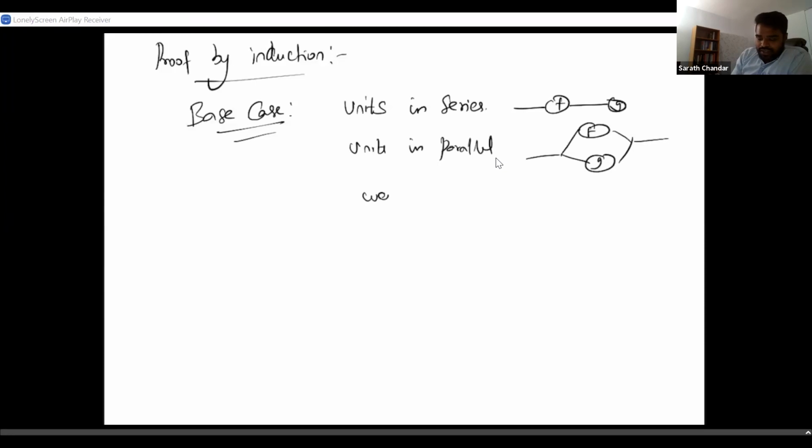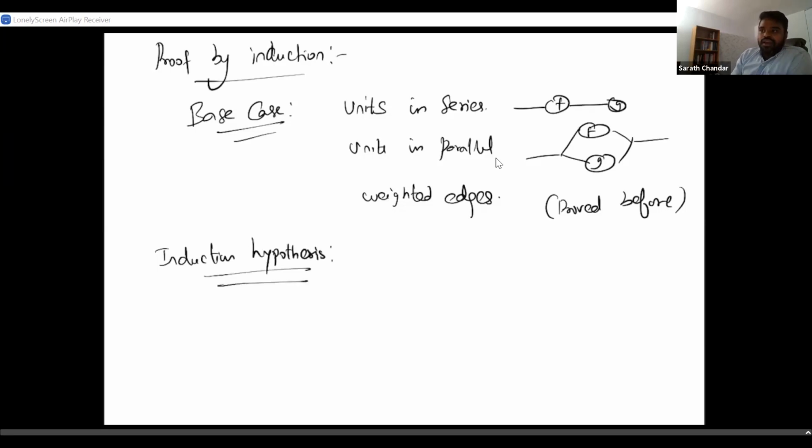Then you have weighted edges. We have already proved by pictures that the derivatives that you would compute for units in series, parallel, and weighted edges are correct.